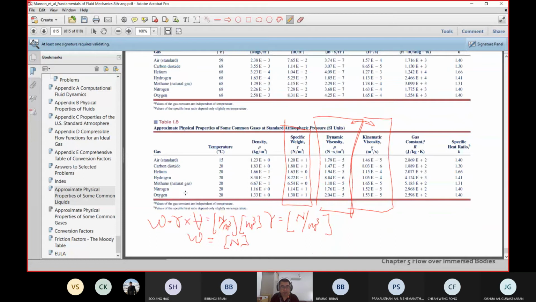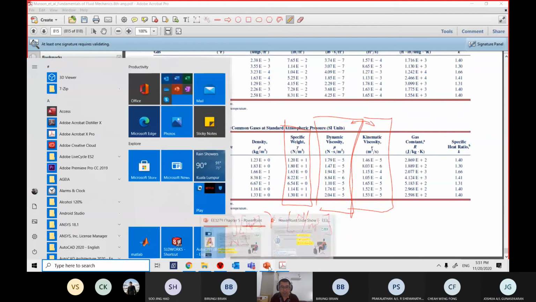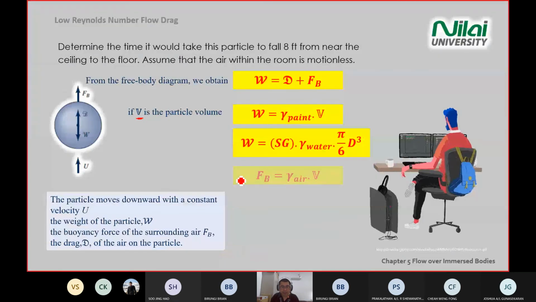Here you don't have water, but it's given in the question statement. So what you convert is that you take the specific gravity times the water, then you can get the specific weight of the paint, and the volume of the sphere is given by pi divided by 6 d cube. This is mathematics.